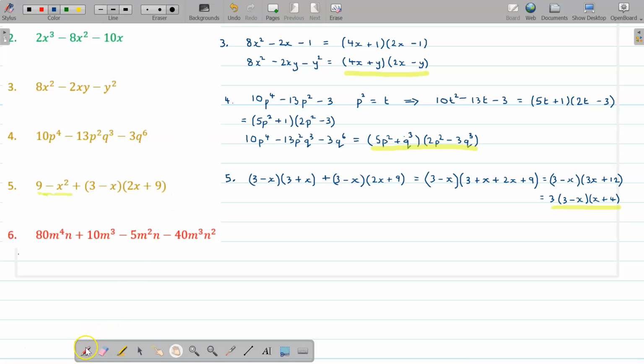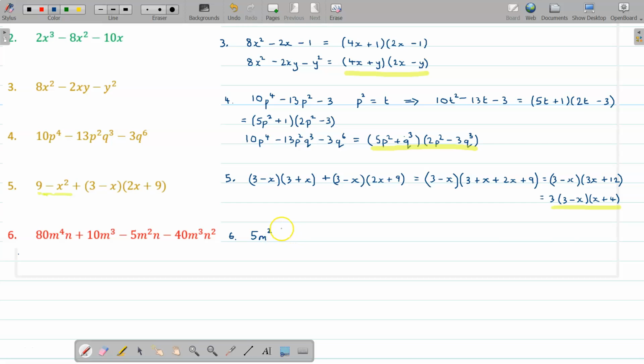But before we do any of that, we must recognize that there's a common factor all the way through, in this case of 5 and also m squared. So the first thing I'm going to do is to write this as 5m squared.